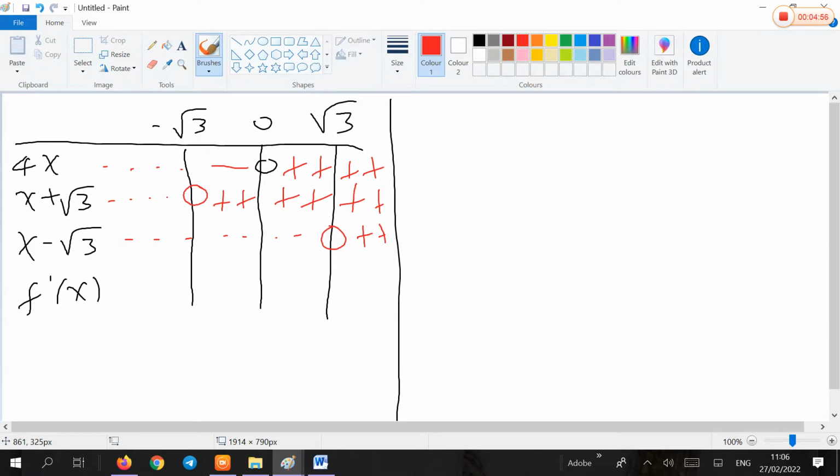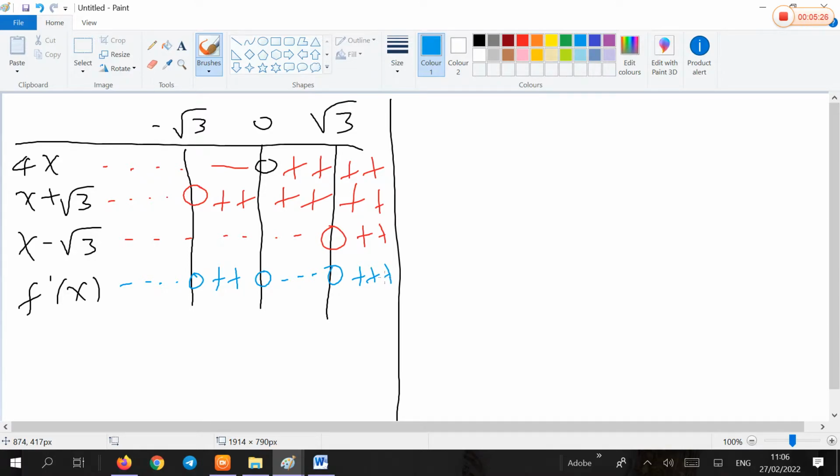So the first derivative is the product of the three factors: negative times negative is negative, any number times 0 is 0, negative times positive is positive, any number times 0 is 0, positive times negative is negative, and 0 at square root of 3, then positive times positive is positive.